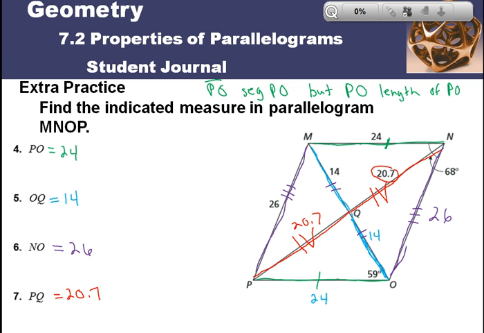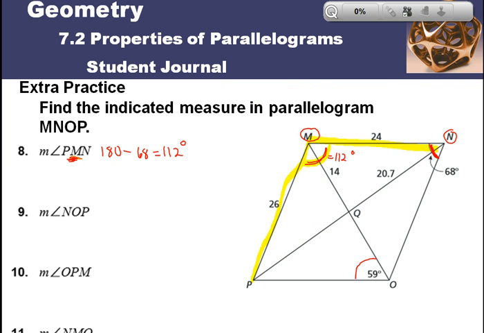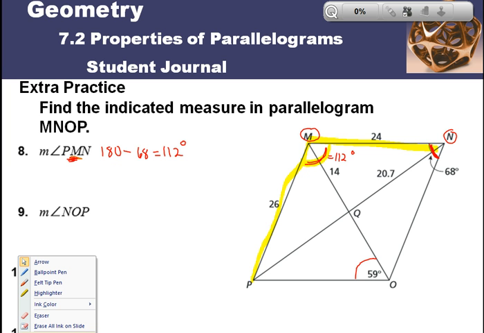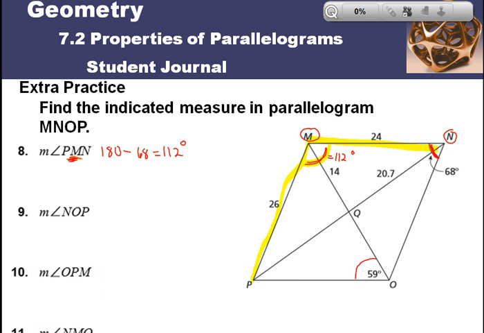Ooh, I don't know how that happened. Let's see if I can go back. There we go. I think I'm gonna use the pen, not the highlighter. And we had the purple pen.